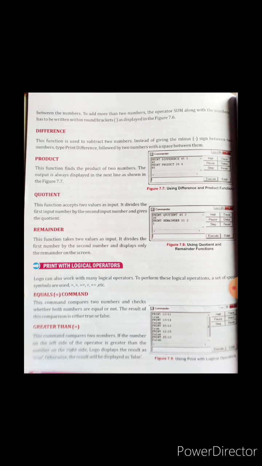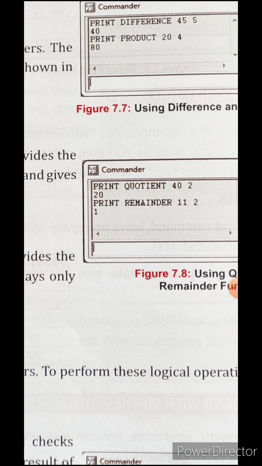Now print quotient, if we write print quotient 40 by 2, it will show you 20. But if you write print remainder 40 by 2, then it will show what? The remainder for 40 divided by 2 is 0. So it will show you 0.